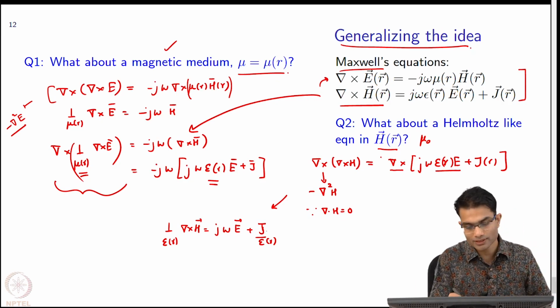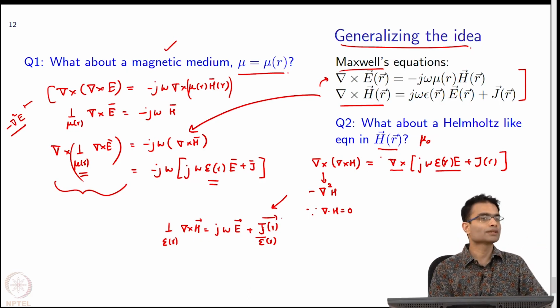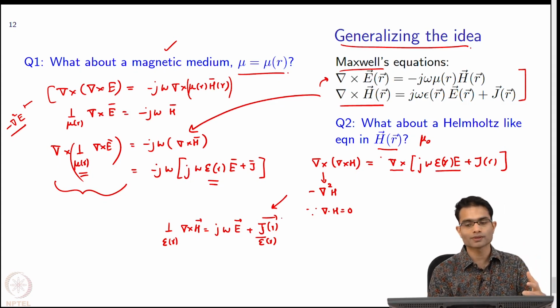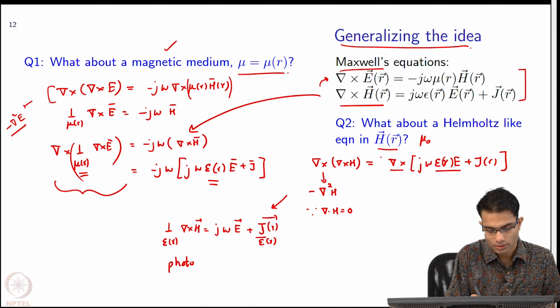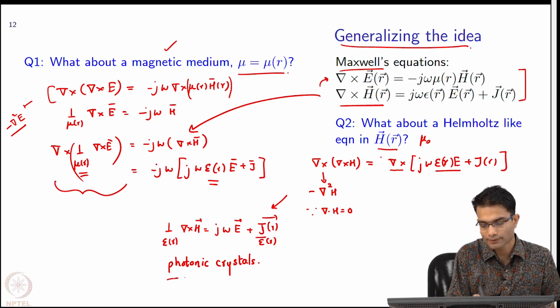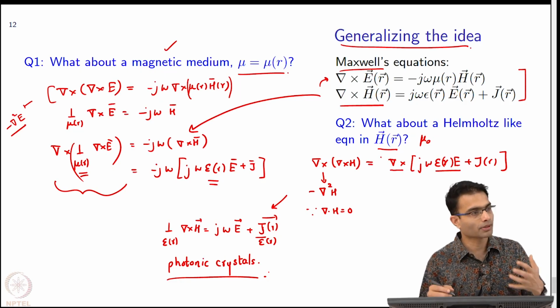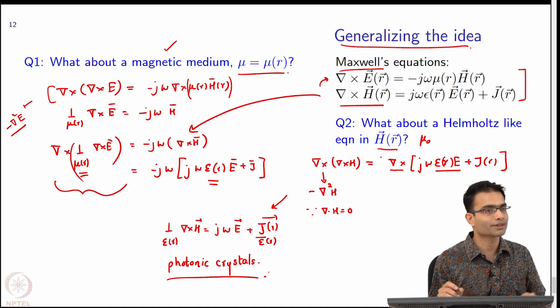Now I have a j by epsilon everywhere, fine. But those are the ways in which you will get around these problems if you wanted to get a Helmholtz equation in H. This is actually done a lot in the photonic crystals community. If there is time later on in the course, we will have a look at it, but it is common. I am not just cooking these up. People in different parts of physics use these different formulations depending on what is convenient.